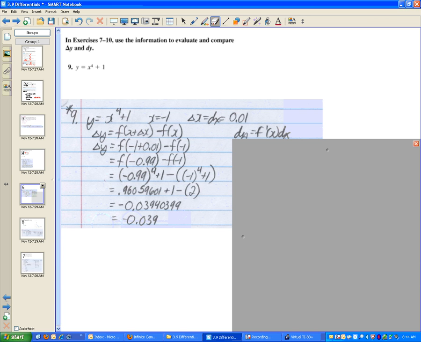And I rounded that because on the AP test, all your answers are going to be rounded to 3 decimal places. So to the nearest thousandth. In fact, they would even take it if you rounded wrong, as long as you just stop at 3 decimal places.